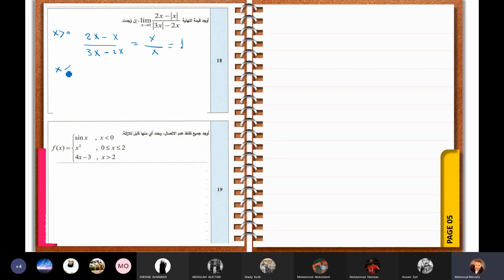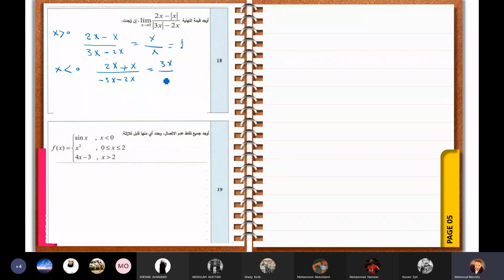If x is less than 0, x here will be negative. So the absolute value of x will be negative x. And we have a negative outside, so it will be positive x. Now, what about 3x? It will be negative 3x minus 2x. 2x plus x is 3x.